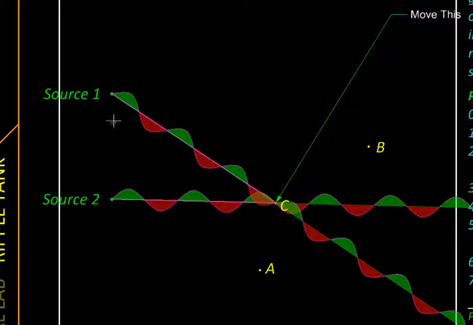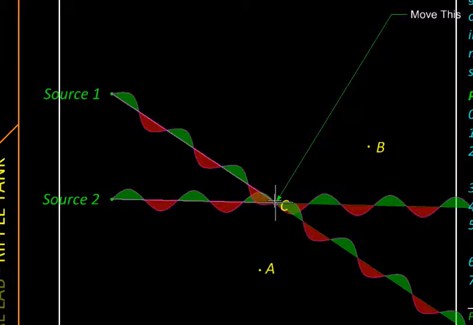For example, here we have 1, 2, 3, 4, 5, 6 half waves within source 1 and point C, and 1, 2, 3, 4, 5 half waves between source 2 and C. So when the two waves reach here, there will be a difference of half a wave or 180 degrees, which makes them out of phase and therefore they interfere destructively.